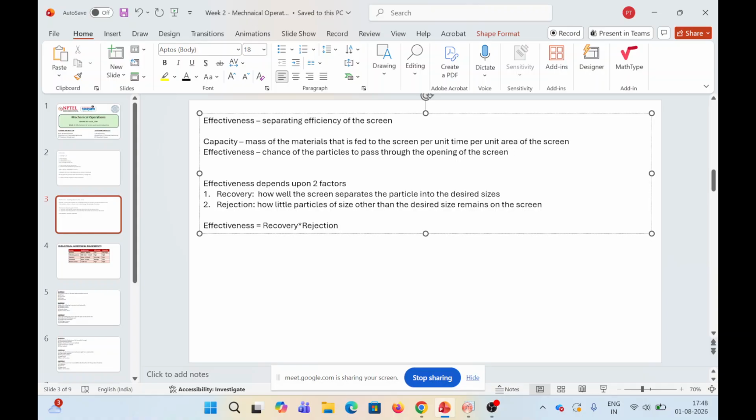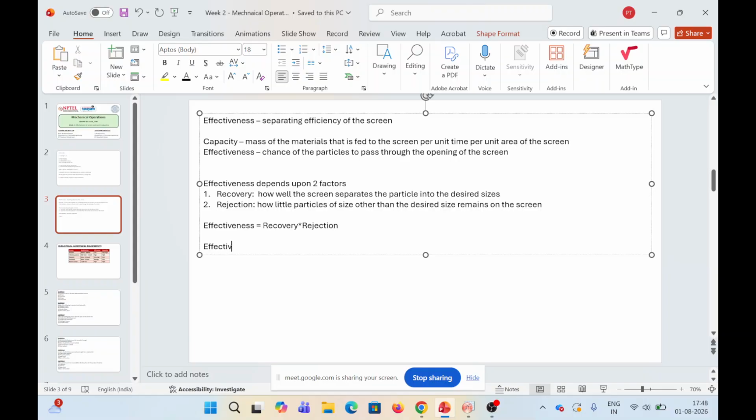So there is a way to derive this. The entire derivation or the mathematics is there in the course. So here I'm just going to write the final formula, or the mathematical expression, for the effectiveness.